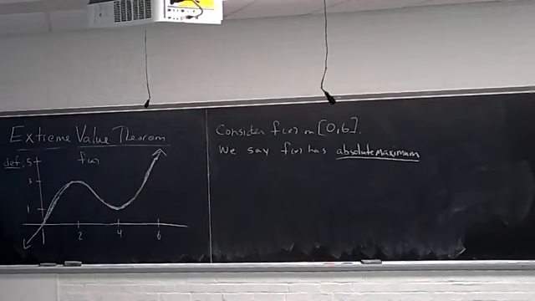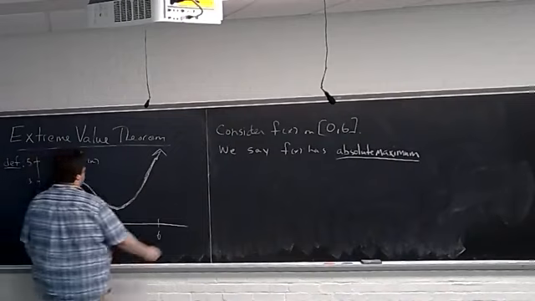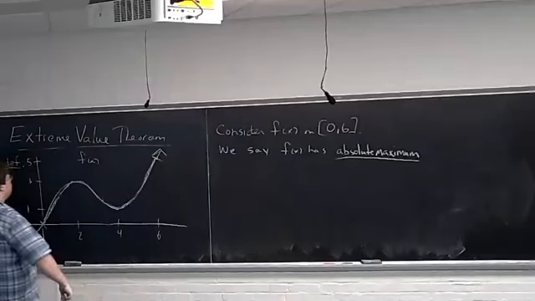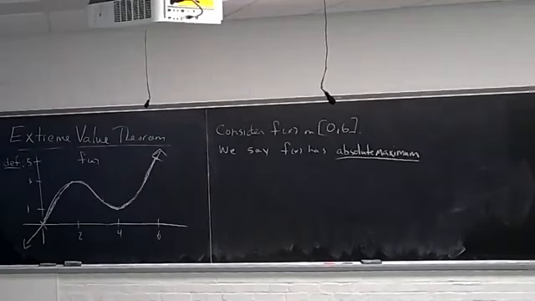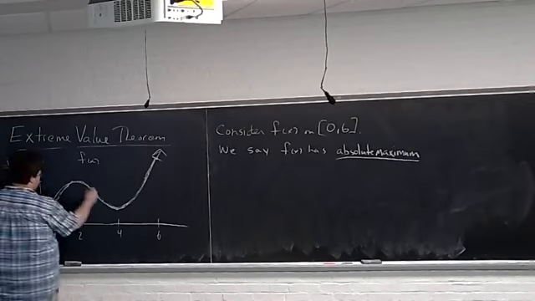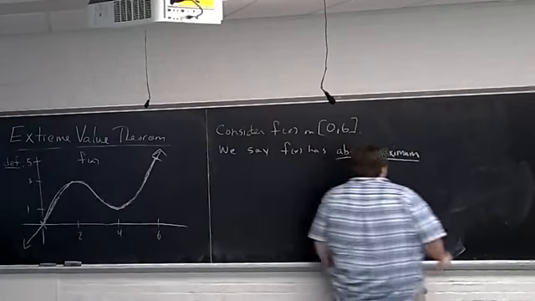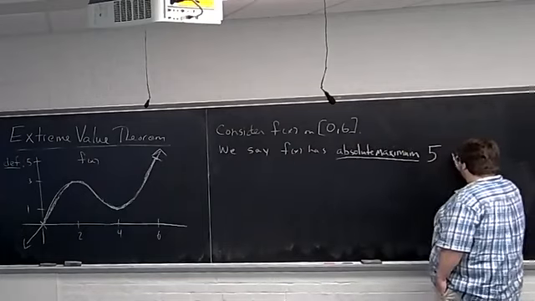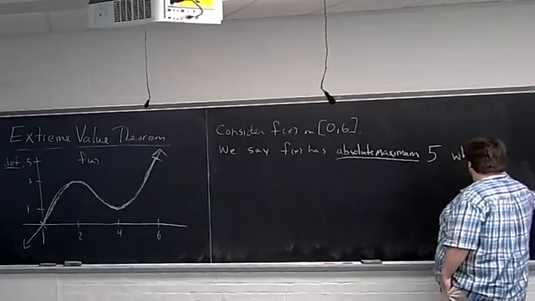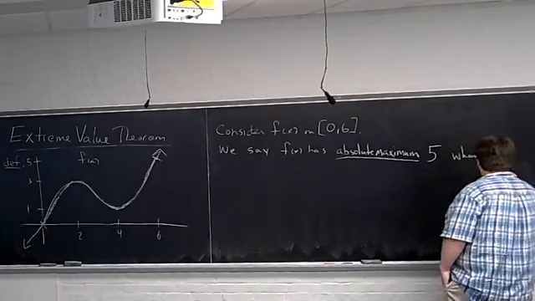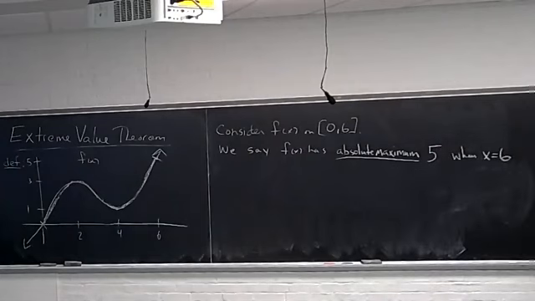So we're looking only at that shaded in piece. Maybe in case the shading is not clear, I'll mark it with the beginning and end like that. We're looking only at 0 to 6. Absolute maximum is going to be the largest y value it hits. The largest y value on this interval is 5. So it has absolute maximum 5. And we'll also say when it occurs, it hits 5 when x equals 6.